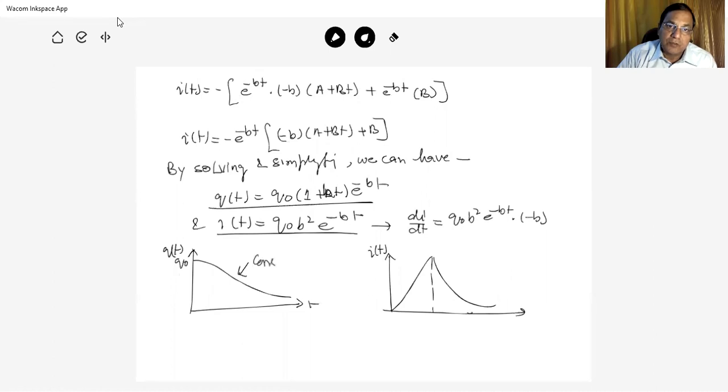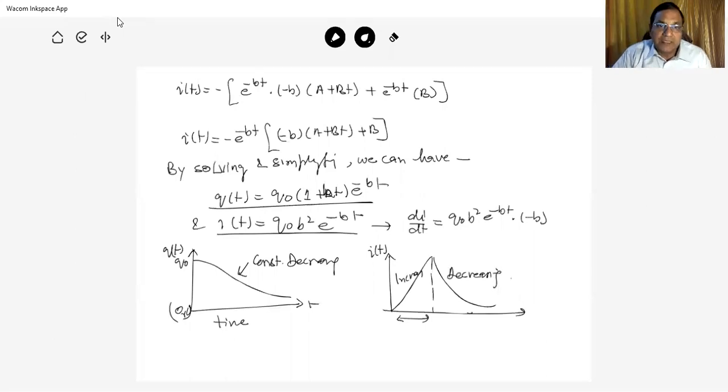This is continuous decreasing charge की value. This is 0, 0 of time के रिस्पेक्ट में. करंट क्या है? करंट इस वैल्यू में इंक्रीजिंग और देन डिक्रीजिंग. This value is decreasing. And then this is the very important case, and it is termed as critically damped. This is critically damped circuit.